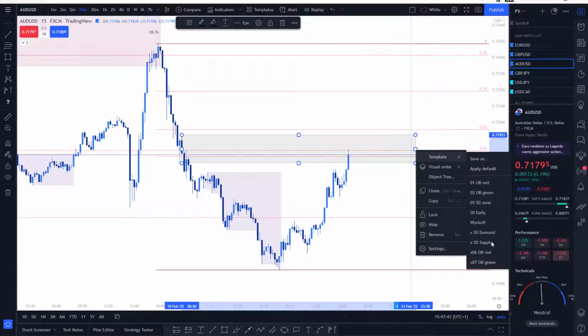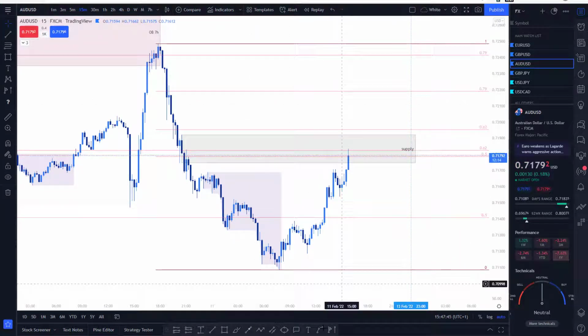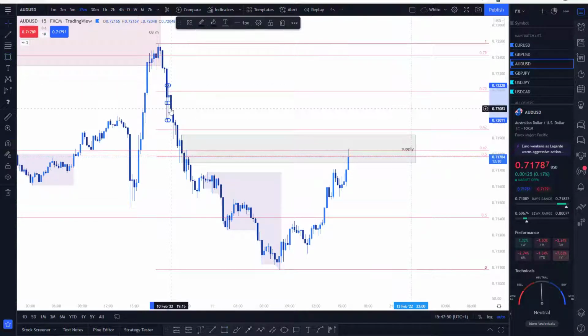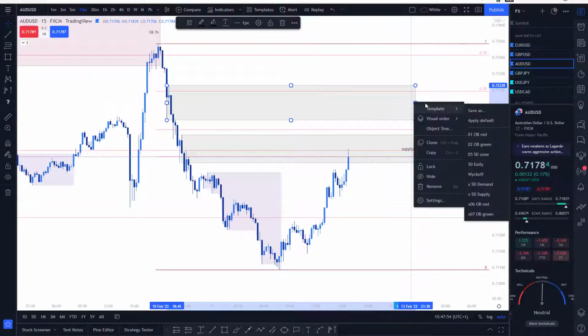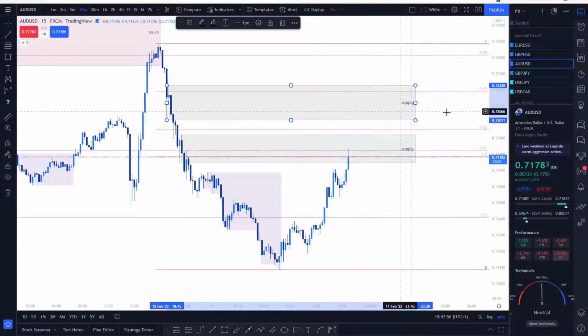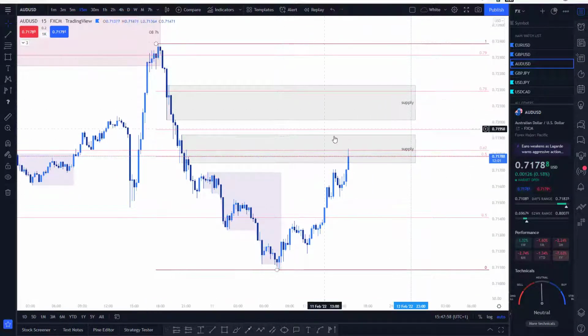So this is the supply zone, and this is the next supply zone here. Before the extreme, and yes, we will see what will happen.